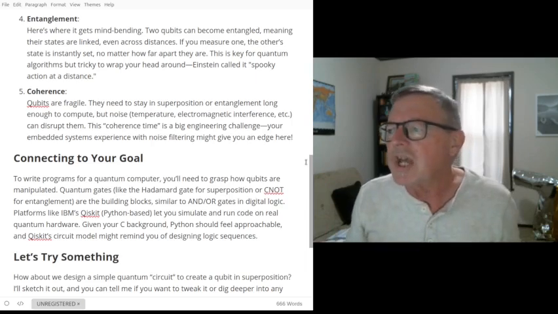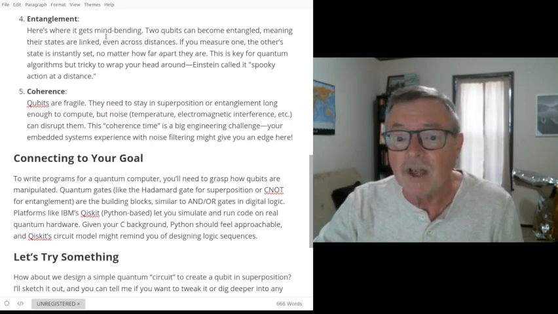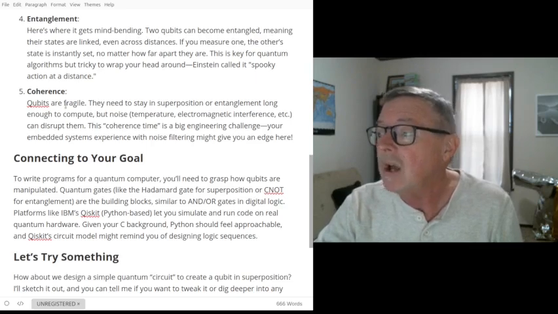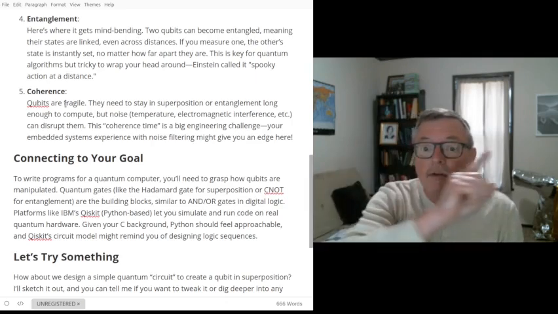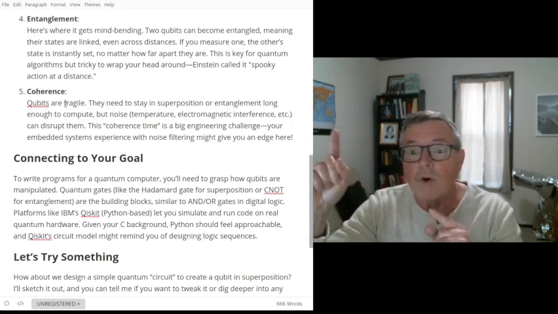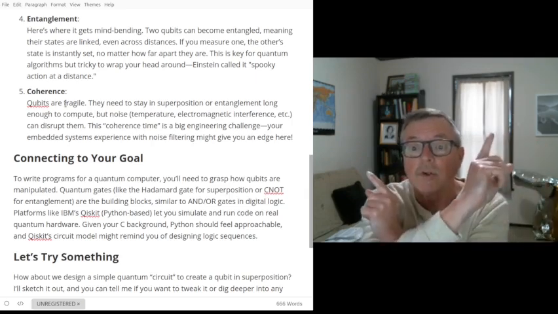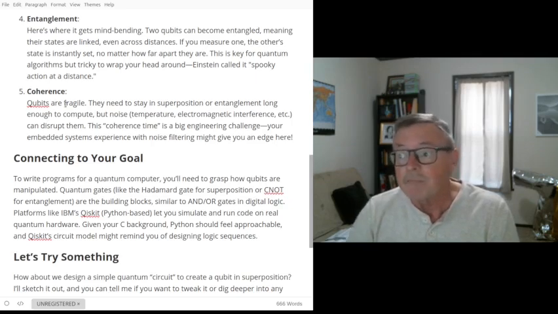Now, here's one that I absolutely don't understand, and I would have to go back to artificial intelligence to help me out and learn about this. This is called entanglement. It says it gets mind bending. Well, my mind hasn't even got in there to get bent yet. Okay, 2 qubits can become entangled, meaning one qubit can affect the other qubit. So the state of one automatically forces the state of another.